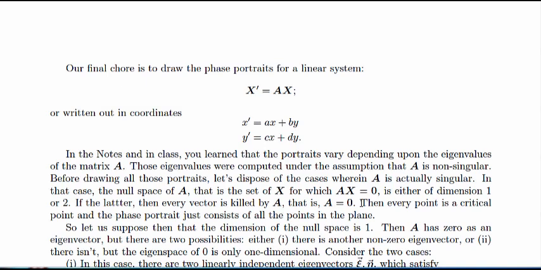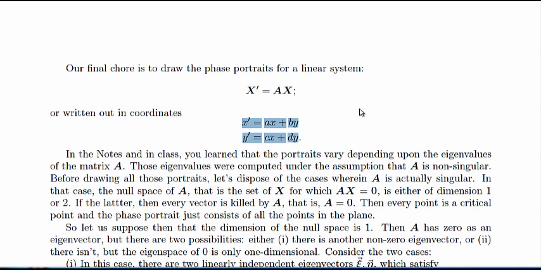All right, the final chore now is to draw the phase portraits for a linear system. So there's a linear system, or as I say, written out in coordinates. x prime is ax plus by, y prime is cx plus dy. Before I do that, there's a point I should have perhaps made earlier, a point which is obvious from the pictures we've been drawing and from the words I've been saying, namely that for an autonomous system, linear or nonlinear, the solution curves don't intersect.